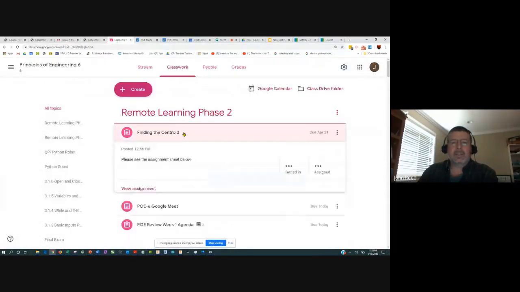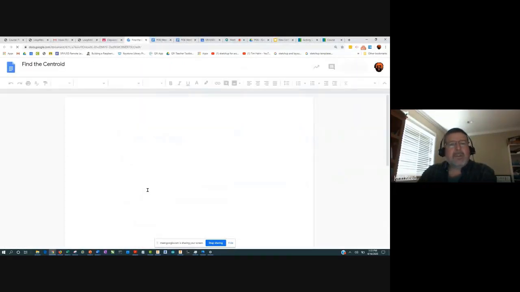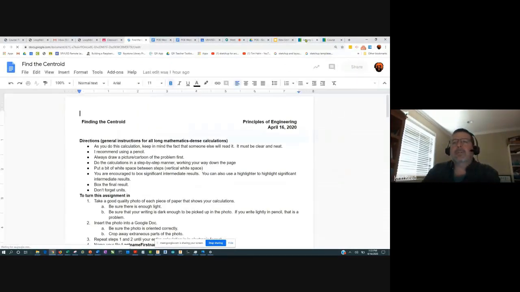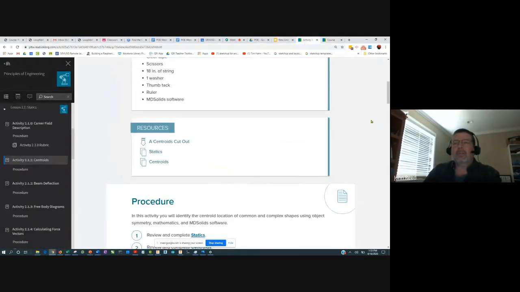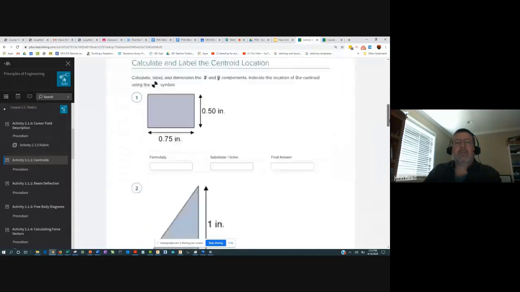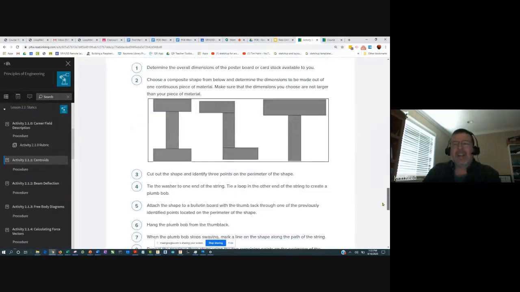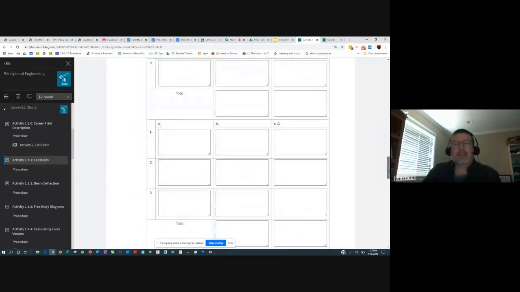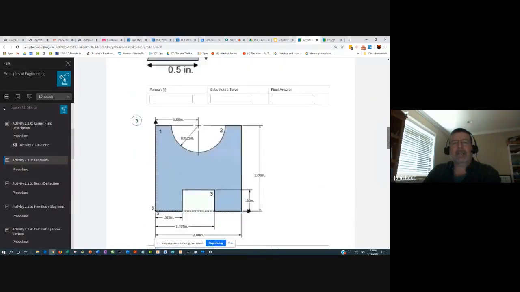Finally, let's go to finding the centroid. So this takes the place of some of the assignments that are in MyPLTW. If you're on the ball, you may have already started to do some of this work, and that's more power to you. You're going to be very successful going forward if you happen to do that. But some of it I may not be collecting, but I will be collecting the calculational one.